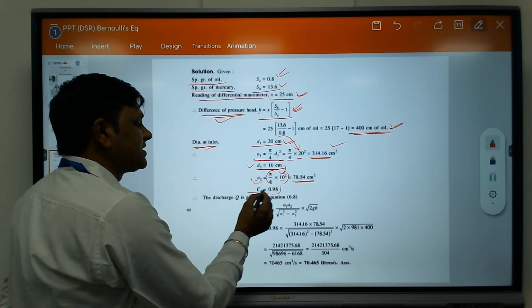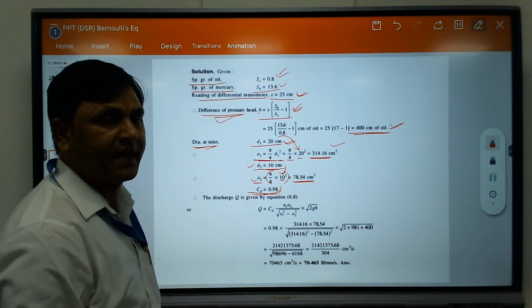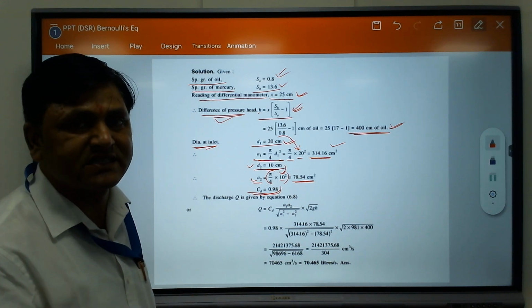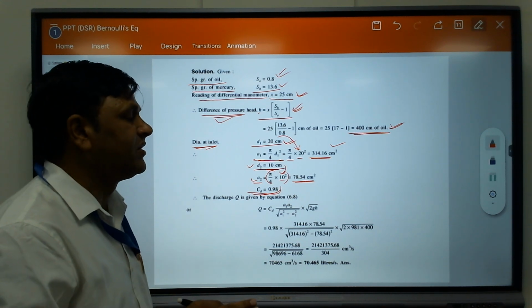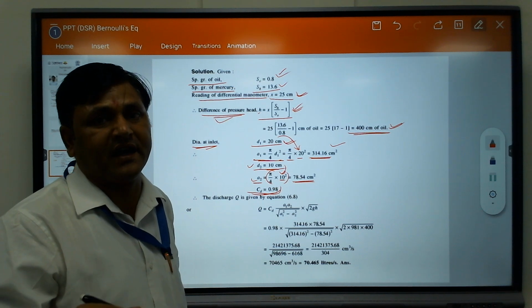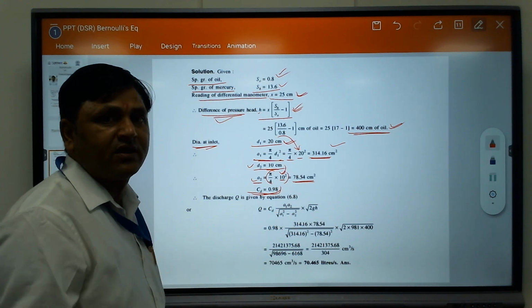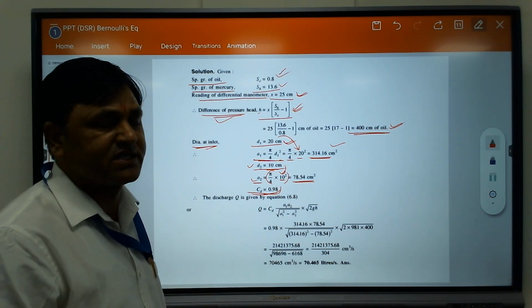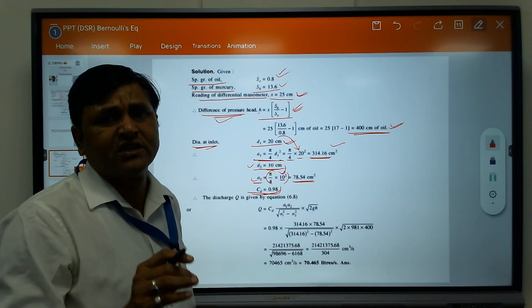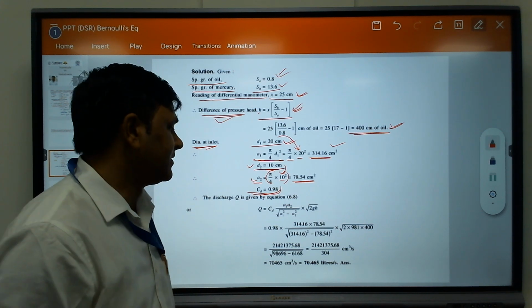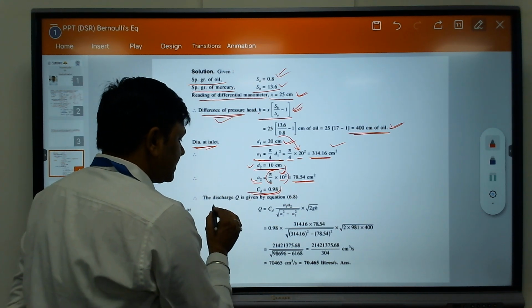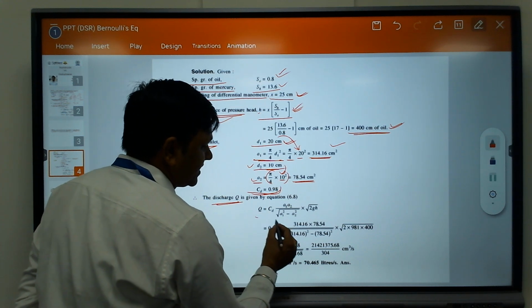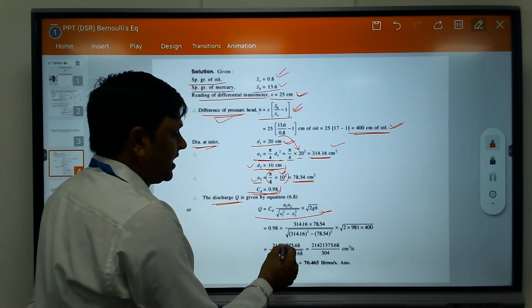The coefficient of discharge is also given as 0.98. In 99% of cases, the coefficient of discharge is taken as 0.98, not more than 1, because the coefficient of discharge for Venturi meters should always be less than 1. Now the discharge rate is given by this formula.